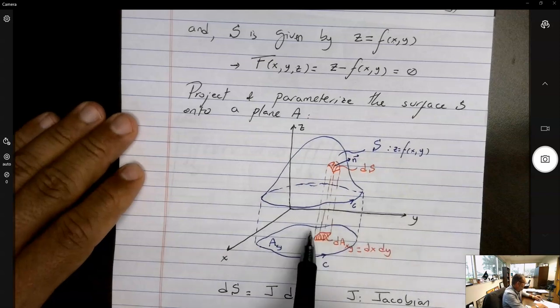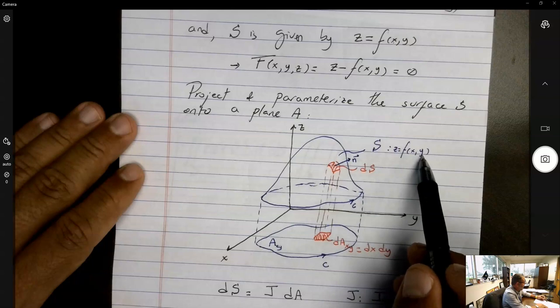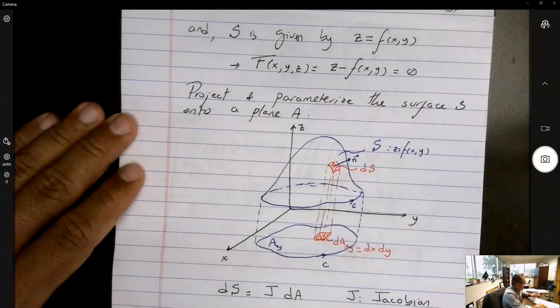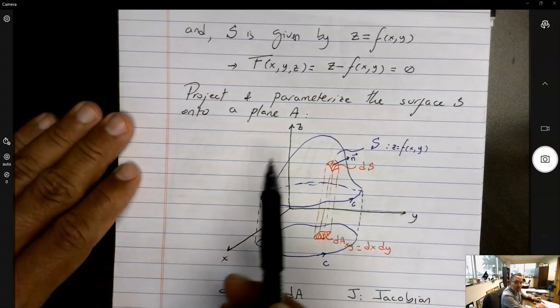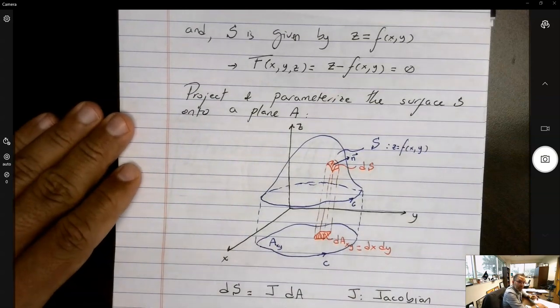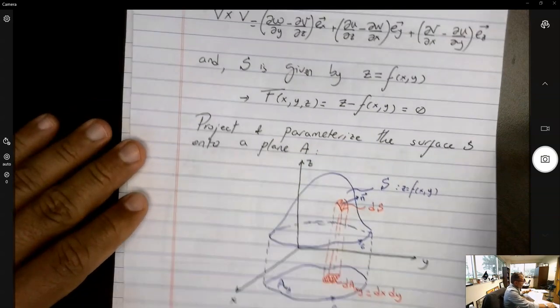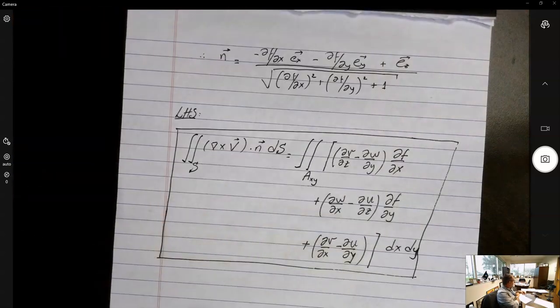Sometimes that surface might be aligned with the y direction, or the function that we have is a function of x and z, so y equals a function of x and z. So whichever way we can express that, then we select the plane onto which we are going to project that surface. So a slightly modified version of these expressions then is found, but the process by which you can find these expressions is identical.